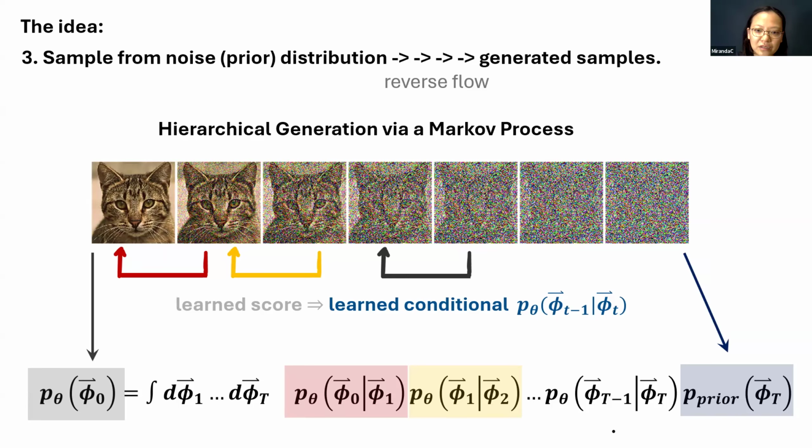So what we have in the diffusion generative model is basically a hierarchical generation via a Markov process. The final sample distribution that's learned is given by this integral over a lot of conditionals and the prior distribution.